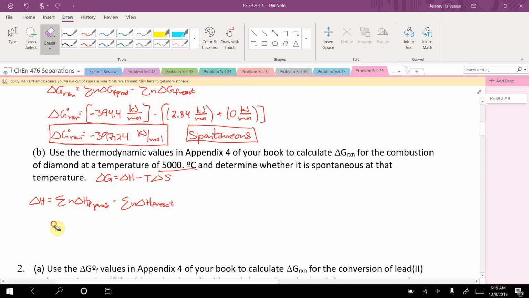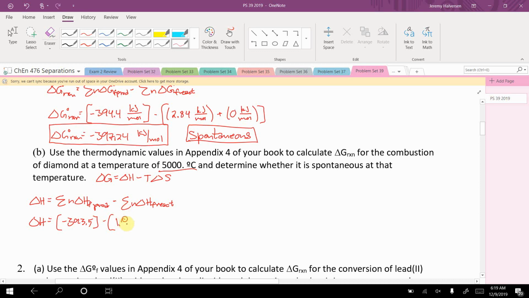So let's see, CO2 is negative 393.5 minus reactants.